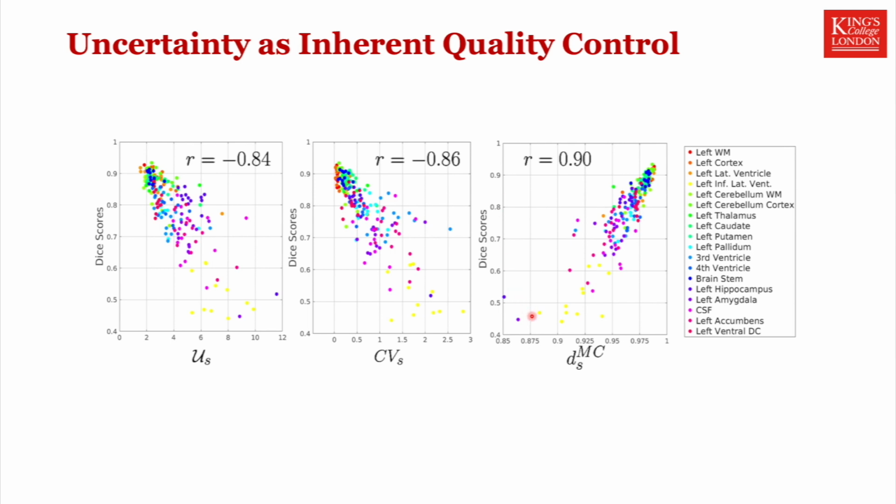So the more the samples agree, the closer you are to a very good performance of your algorithm. There are very few situations where all the samples agree with each other, but the dice score is very poor.